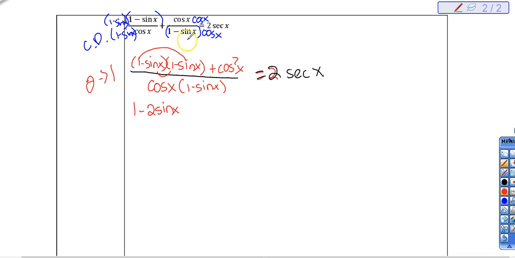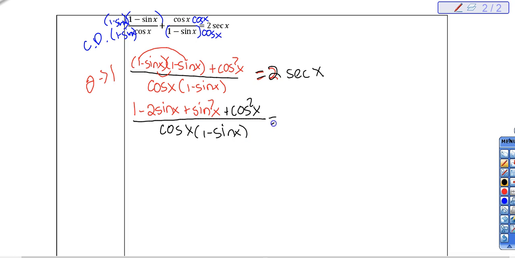And then negative sine x times negative sine x, positive sine squared x, plus cosine squared x over cosine x, 1 minus sine x, equals 2 secant x.